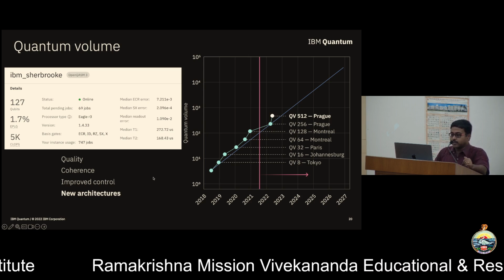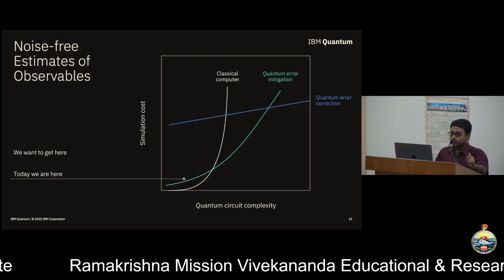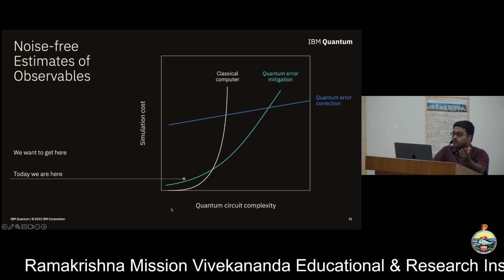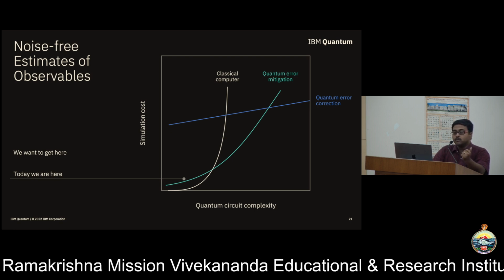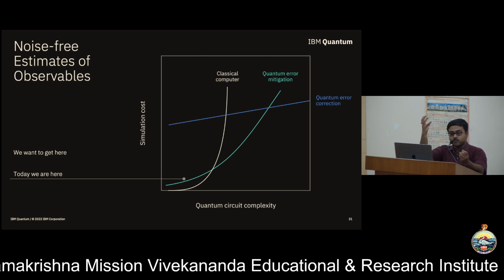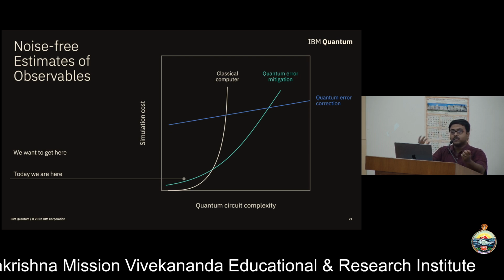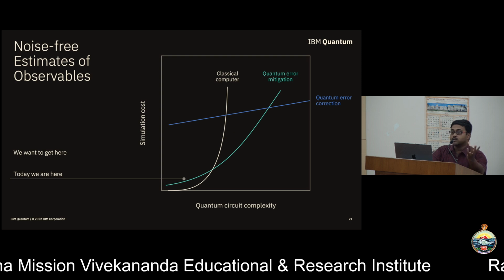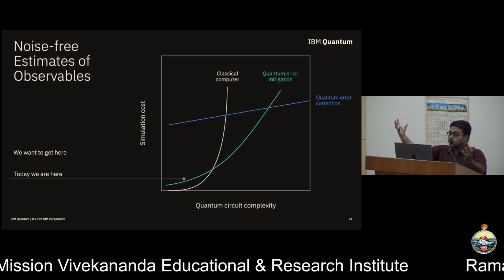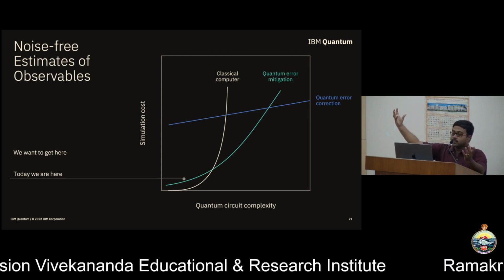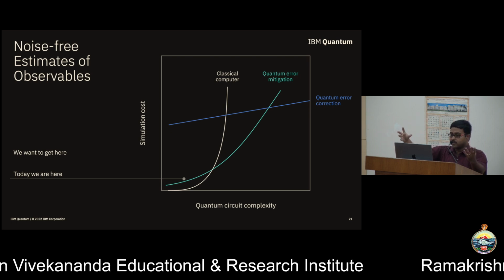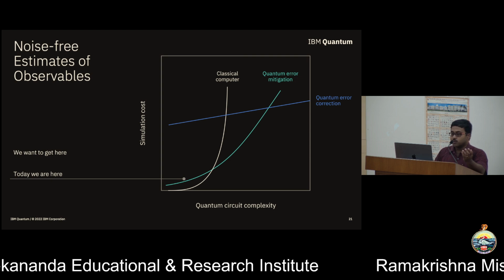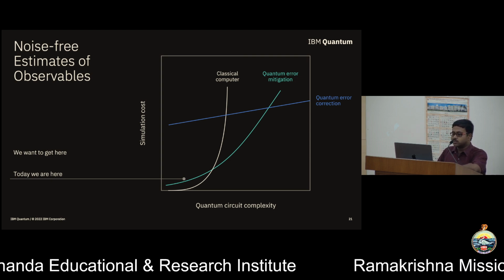There are many problems that we want to solve, say a combinatorial optimization problem or a physics problem, where there is an observable and I want to get the expectation value of that observable. Say a graph problem, you want to find out what is the cut size of this graph. You can model it as a problem such that it can be the expectation value of some matrix that will give you the cut size. For chemistry problems, it's much more obvious. For physics problems, it's much more obvious.